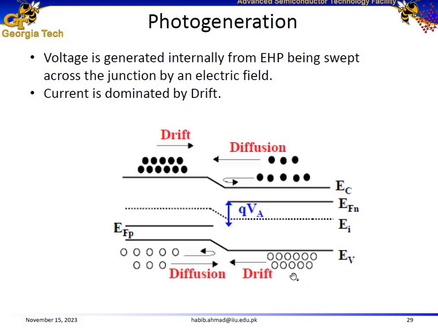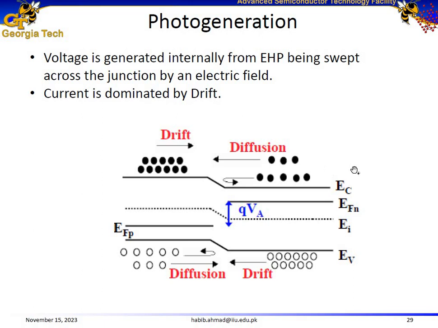This happens when the incident light has energy greater than the band gap of the semiconductor. When electrons move towards the right and holes move towards the left, we have separation of charges, and this separation of charges results in an applied voltage across this energy band diagram.